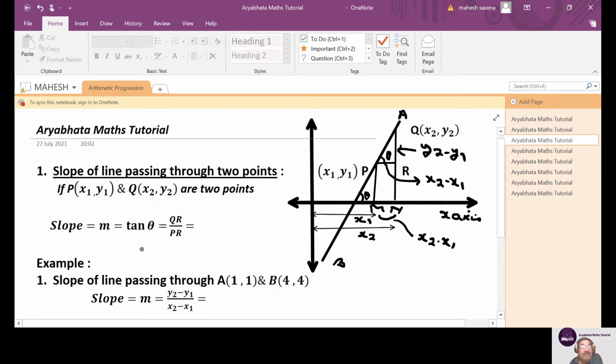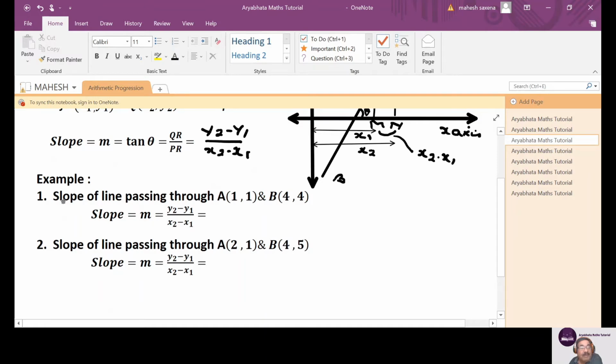Therefore, the slope of the line will be QR upon PR, but QR is equal to y2 minus y1 and PR is equal to x2 minus x1. Therefore, the slope of the line passing through the 2 points P, Q, whose coordinates are x1, y1 and x2, y2, is equal to y2 minus y1 upon x2 minus x1.